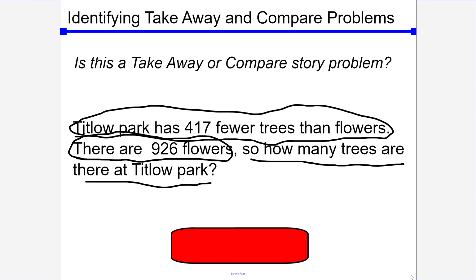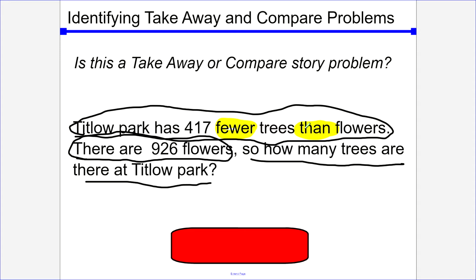So, what keywords help you know what's happening in this problem? Take a moment and think. What are the keywords that let you know if this is a takeaway problem or a compare problem? Do you see any takeaway actions? Do you see any difference words? Oh, yes. It's telling us that the park has fewer trees than flowers. That shows us that we're comparing the number of trees to the number of flowers.